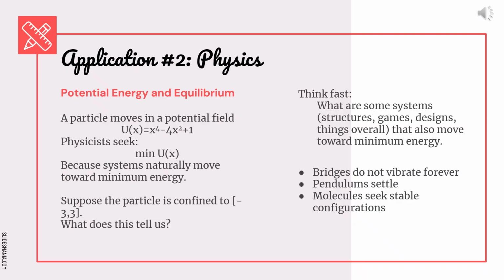So we have applications in physics like potential energy and equilibriums, where you can have a particle that moves in a potential field, and physicists will seek the minimum so that they can find stability, because systems naturally move towards a minimum energy. Suppose a particle is confined to the set of numbers from -3 to 3.